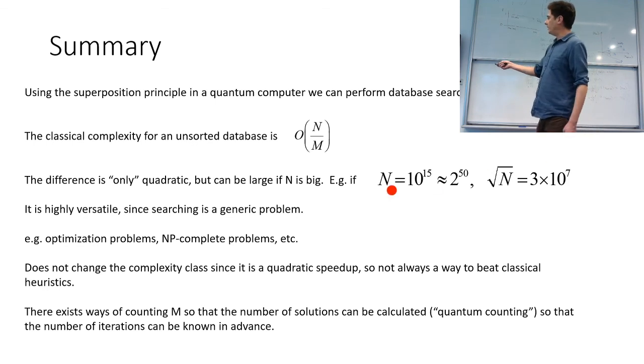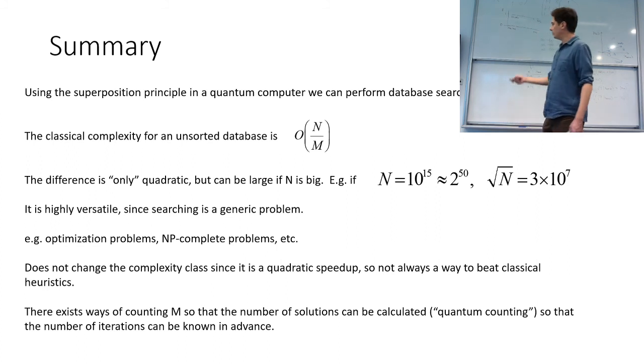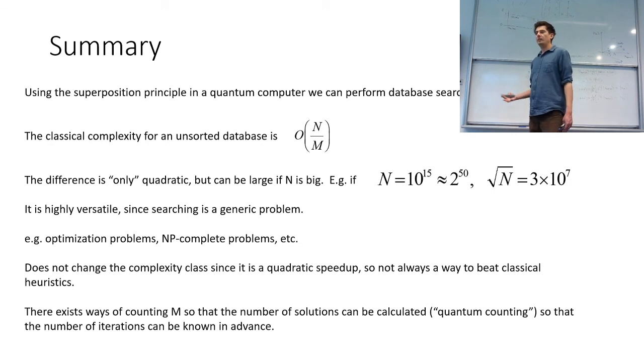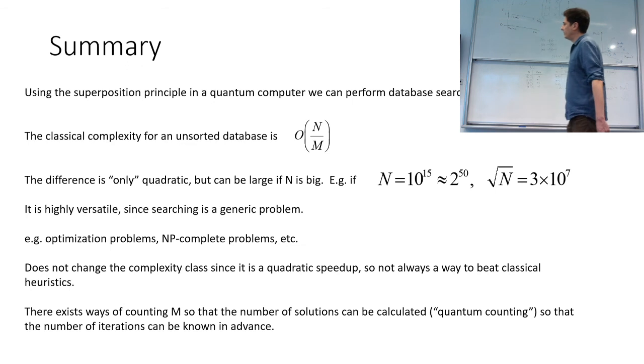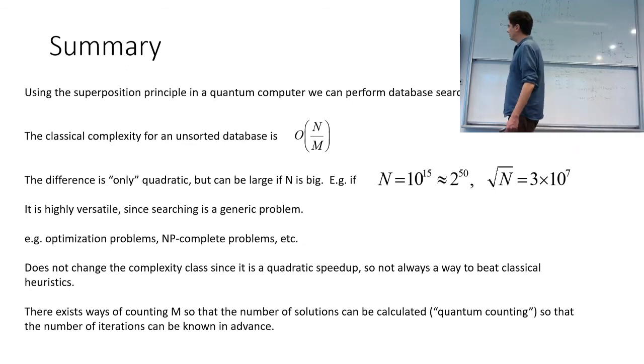But 10 to the 15, once you get to things like this, even the best supercomputers in the world find it difficult to handle that. Just to store that amount of data, or just to have that in the memory of a program, it goes beyond typical capabilities.